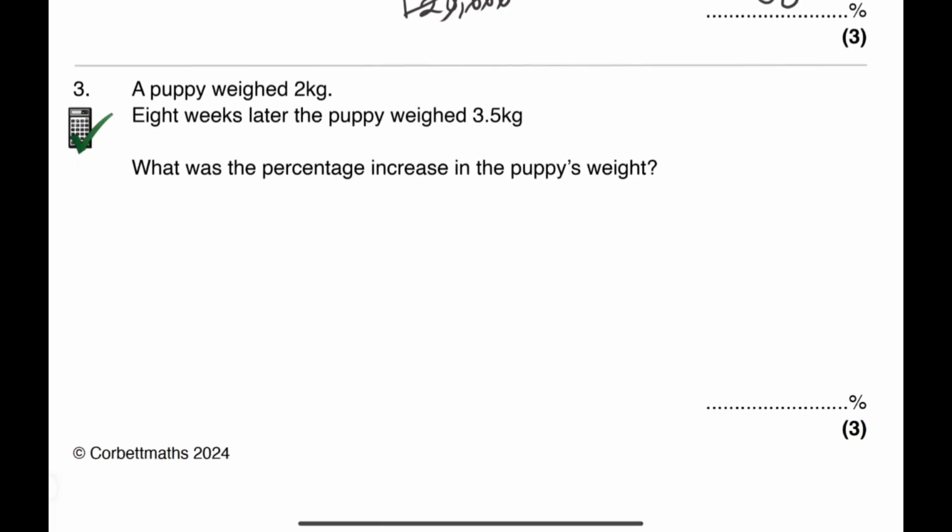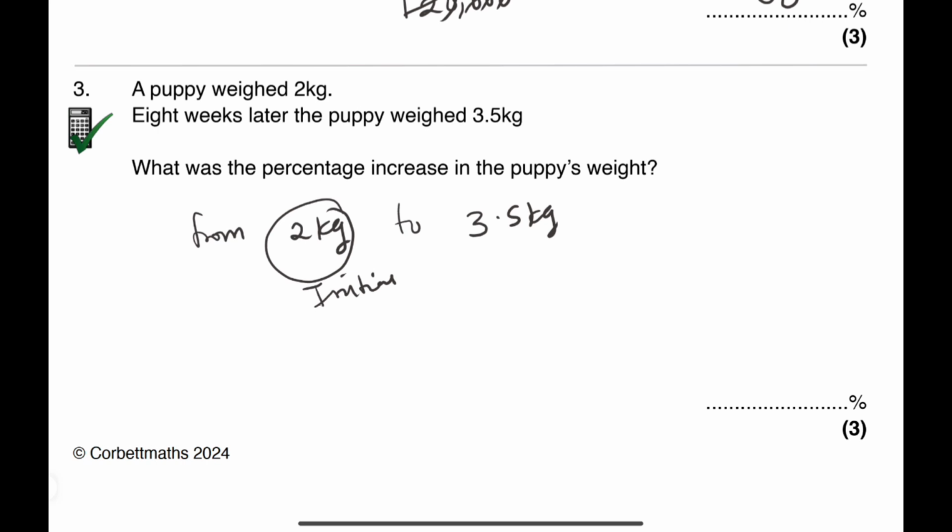A puppy weighed 2 kg. 8 weeks later, the puppy weighed 3.5 kg. What was the percentage increase? So it means it went from 2 kg to 3.5 kg. So this is our initial. So the percentage change is going to be 3.5 minus 2 kg, which is 1.5.